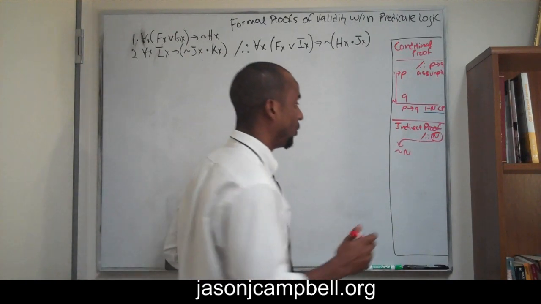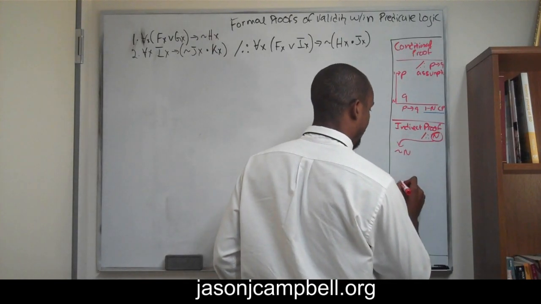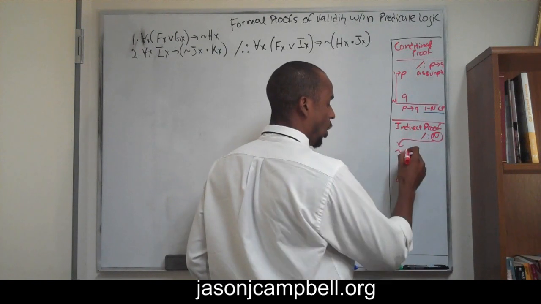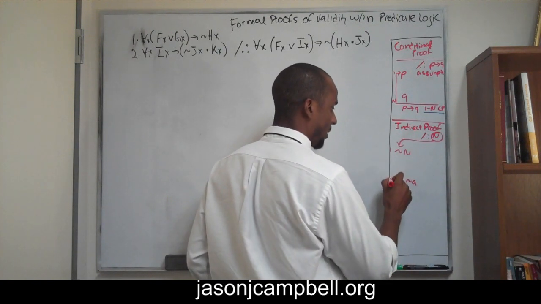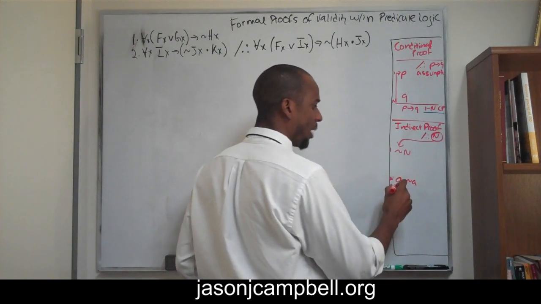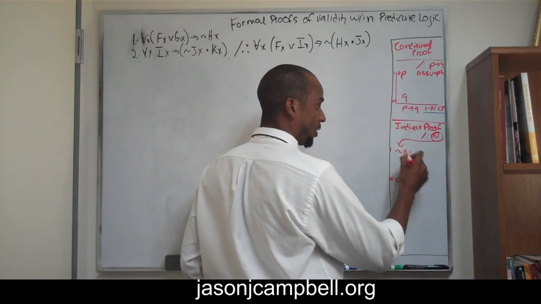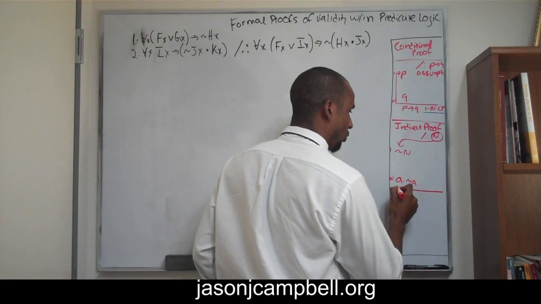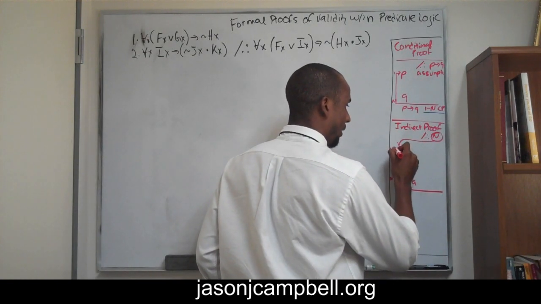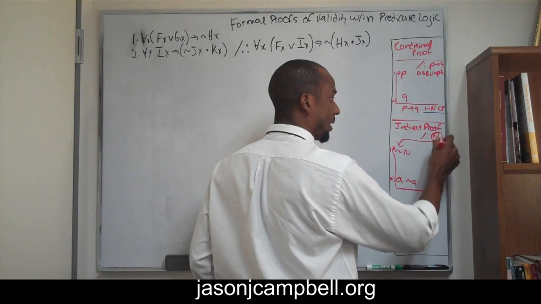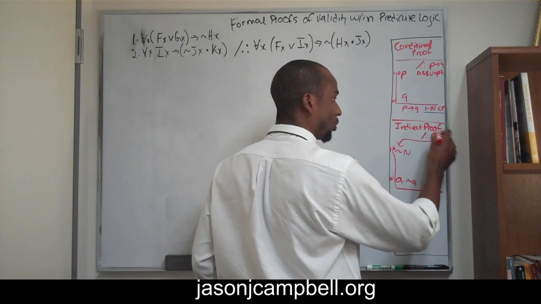What you're attempting to do is derive a contradiction, A and not A, for example. Once you've derived a contradiction from the negated assumption, you draw a line that goes up, and you reaffirm the original conclusion.